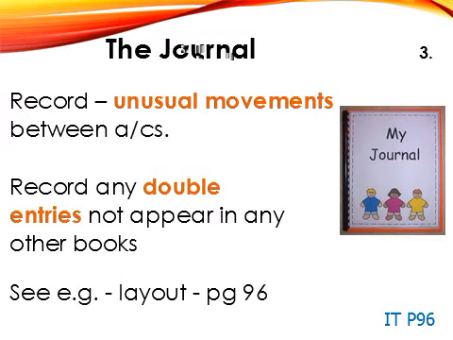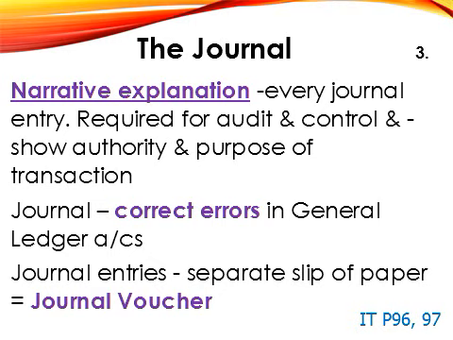3. The journal is used to record any unusual movements between accounts. It is also used to record any double entries made that don't appear in any other books of prime entry. To see an example of how a journal entry is laid out, see page 96 of your interactive text study guide. The journal is also used to correct errors in general ledger accounts.